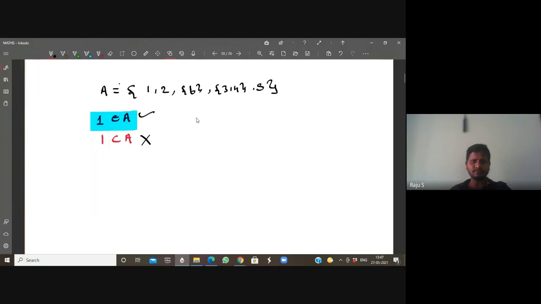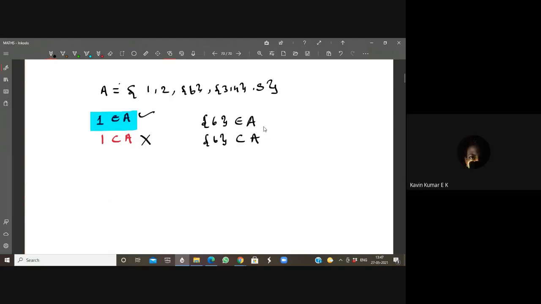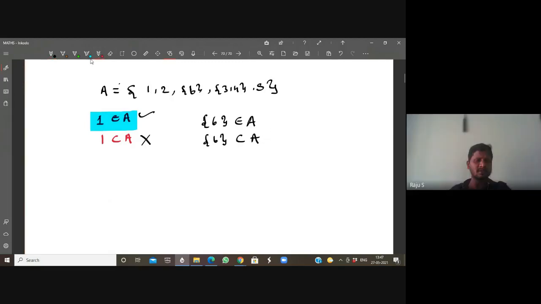Next, for 6, will we write belongs to A or subset of A?